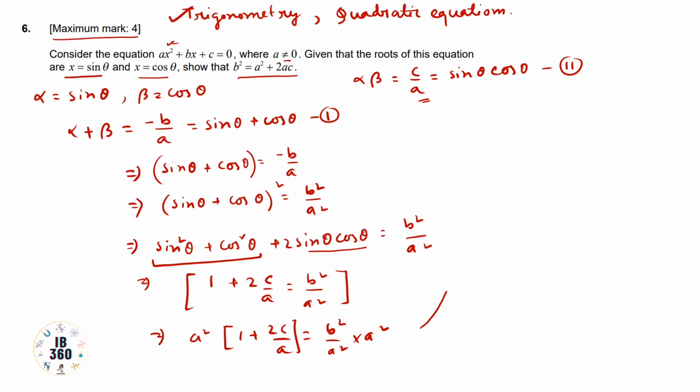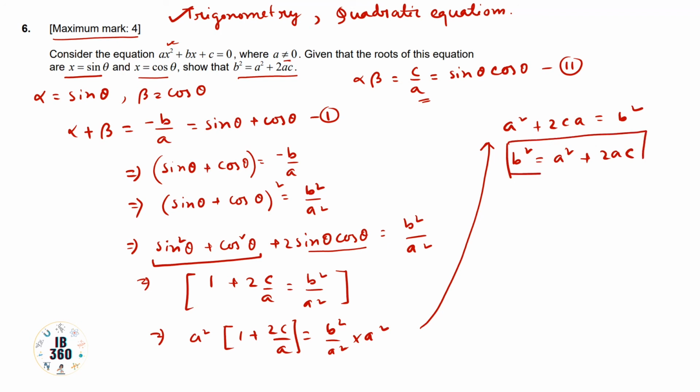So we get a square plus 2ca equals b square. This is what we had to find, that is b square equals a square plus 2ac. So this is proved. In this way, the sixth problem is also done. This was also another simple problem.